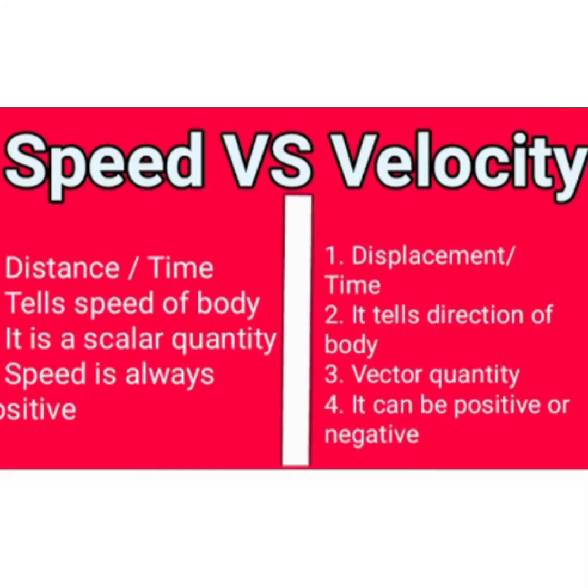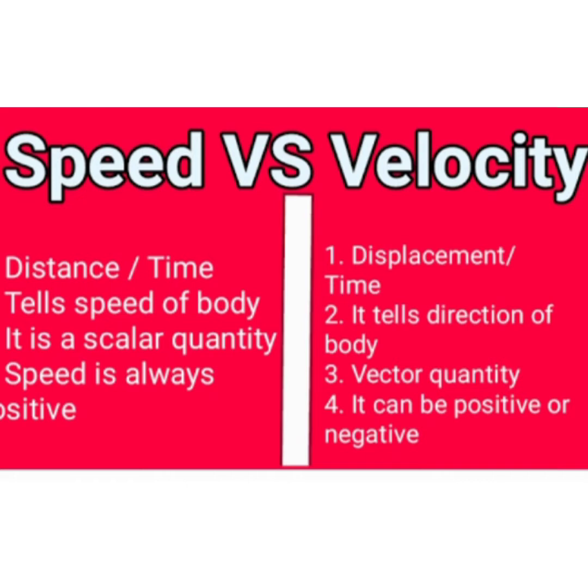Next one. What are the differences between speed and velocity? First one, speed depends on distance. It means speed is equal to distance divided by time. Velocity depends on displacement.